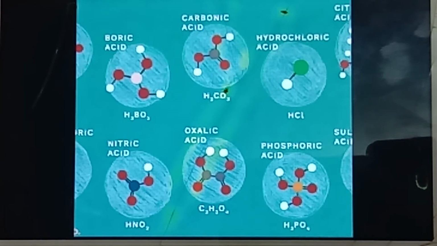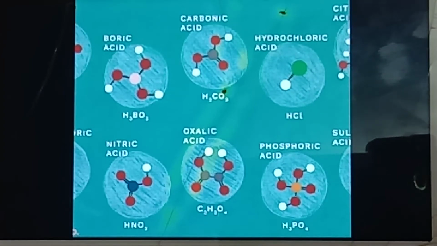In the same way, sulfuric acid, H2SO4, with water gives the products hydrogen ion plus sulfate ion: 2H plus and sulfate, that is SO4 2 minus. So acids are defined as chemical substances which release hydrogen ions when dissolved in water.